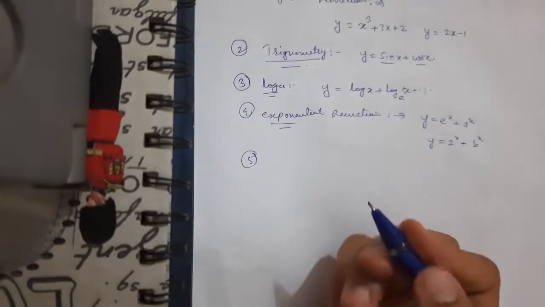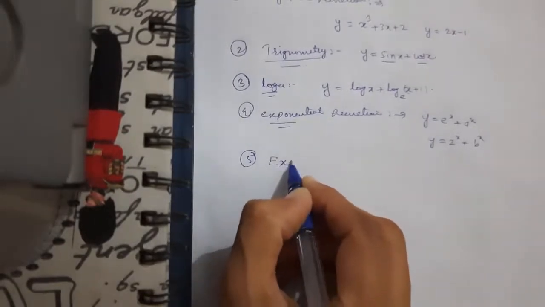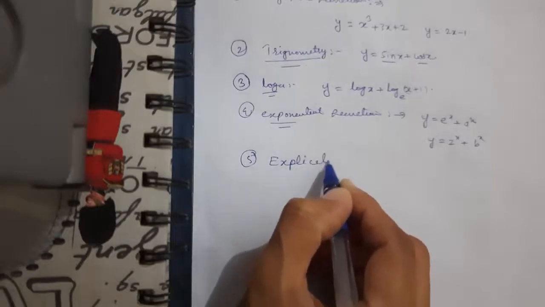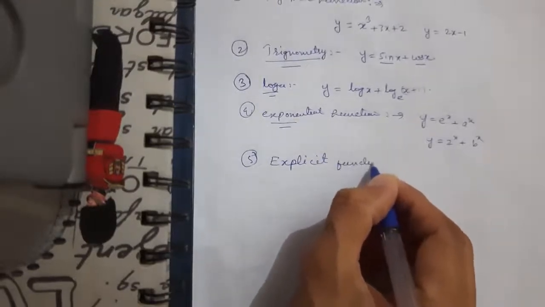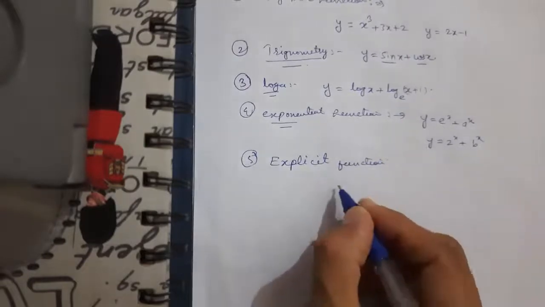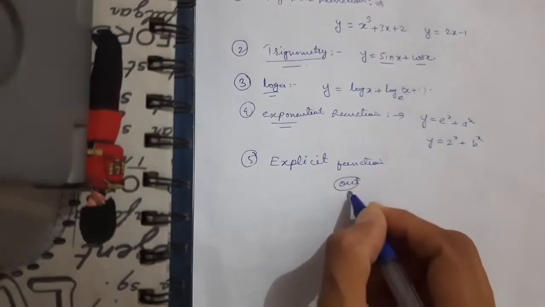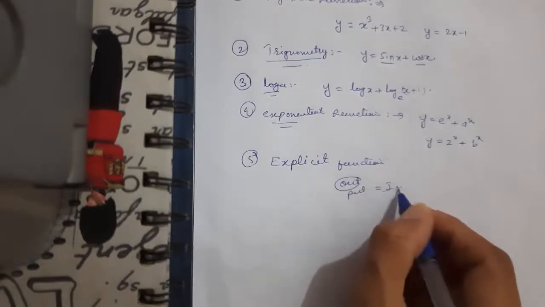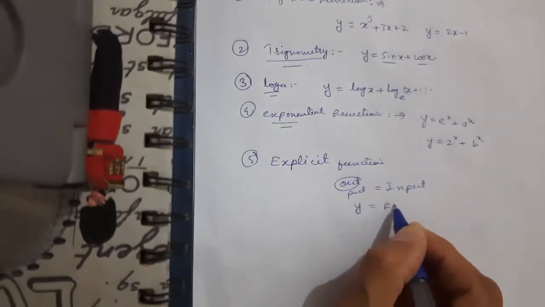Next one that I want you to understand is the explicit function. This is the function where you can write your output on one side and your input on another side. So clearly you can write y equals f of x.